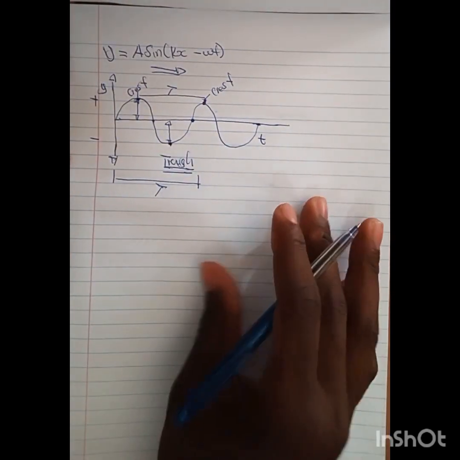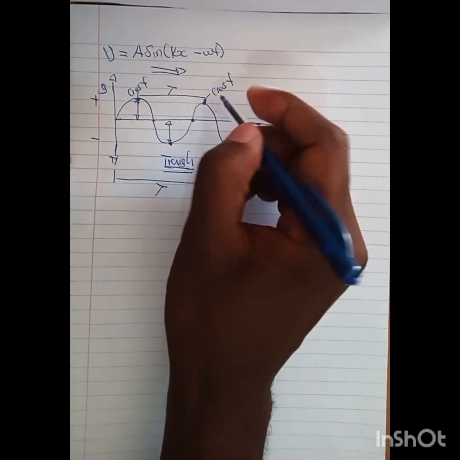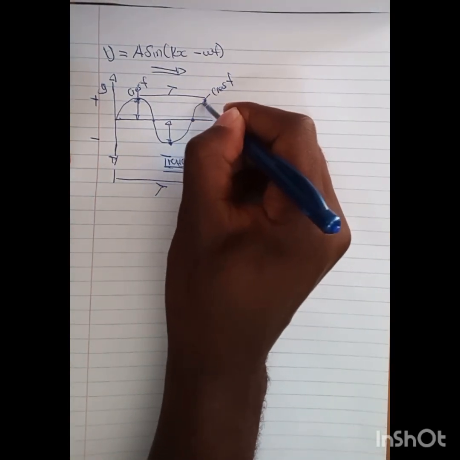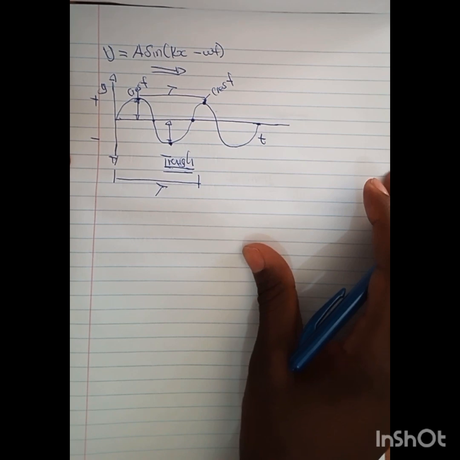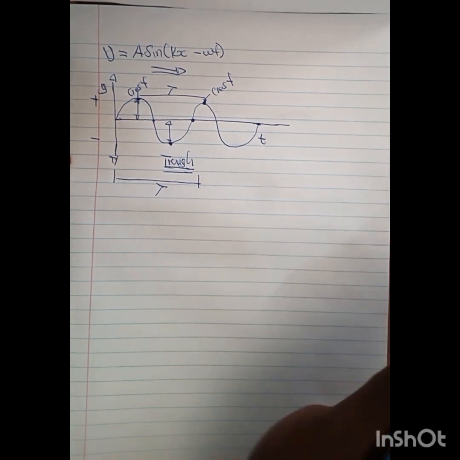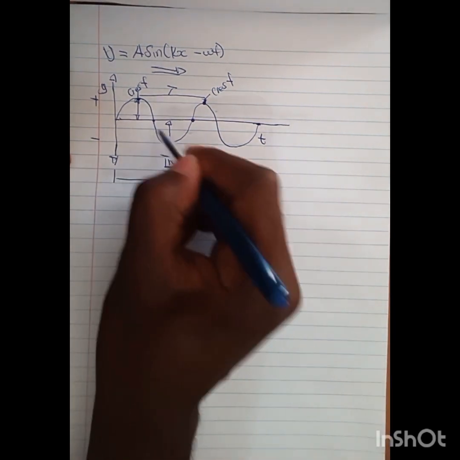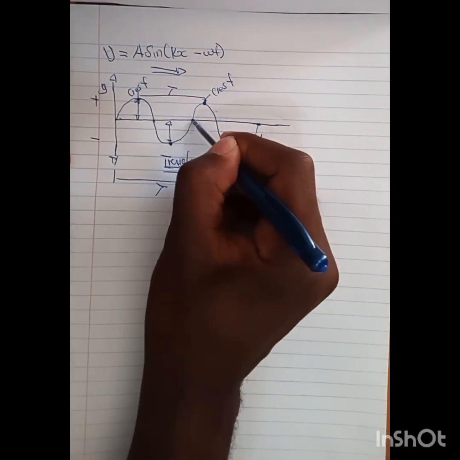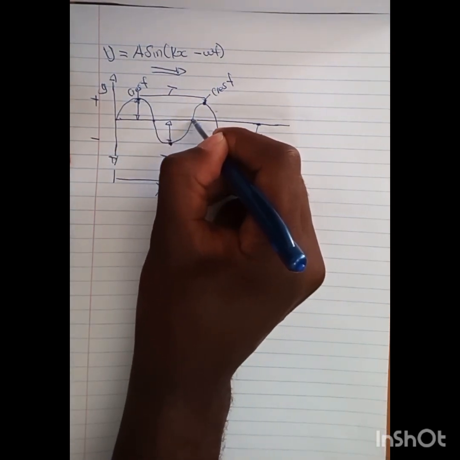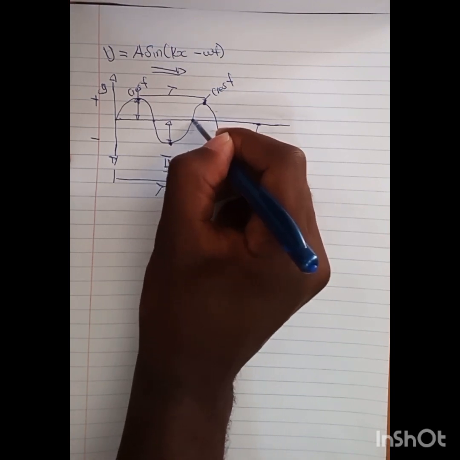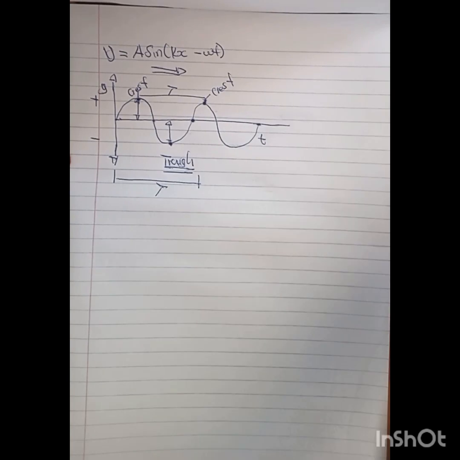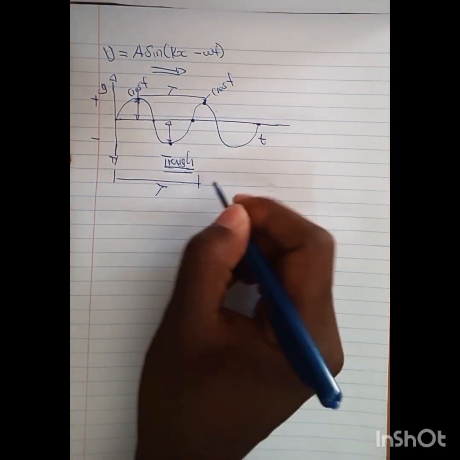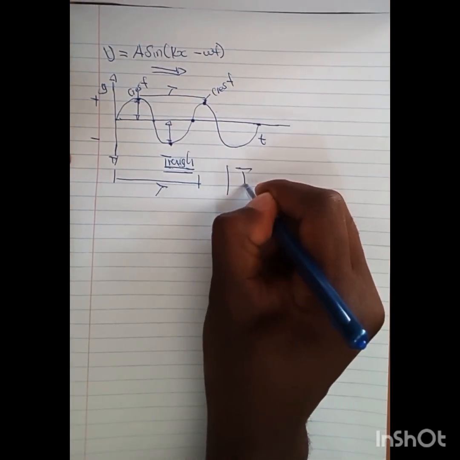When you have this information, you can also look at some other terms. Moving from this point to this point here, we can see that we have formed one complete wave, and during the formation of that one complete wave, the wave has gone over a certain period. So we have to define the term period.